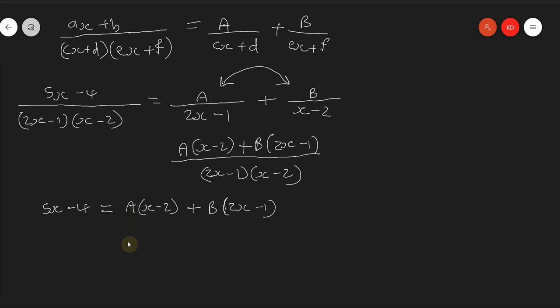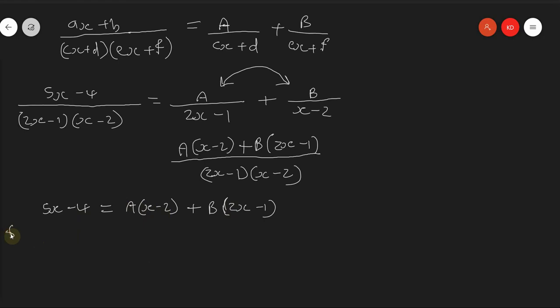So first let's choose 2 for x, because here if we choose 2 for x, we'll get a 0 here, which would cancel out the a, leaving us with only the b. Okay, so let's use 2 for now.